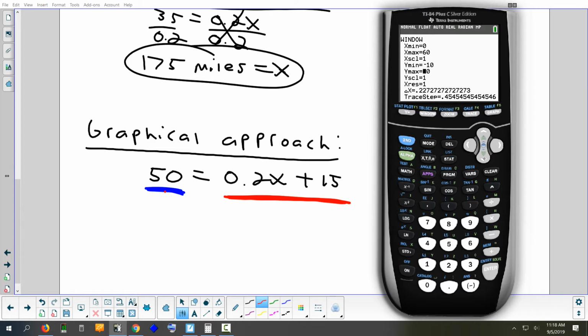Okay. Now, how about the minimum? If you think of money, technically the smallest amount of money would be 0. In this case, it would actually be 15, because if you don't drive the car at all, you're still going to pay 15. But we could set it at 0. Definitely negative money doesn't make sense. Right, let's hit graph now.